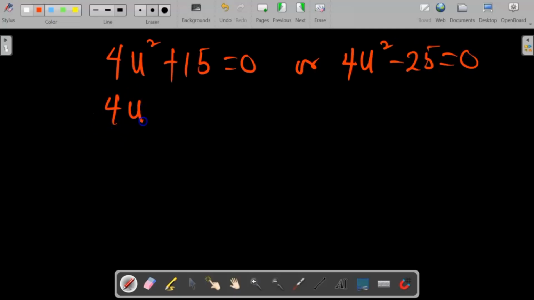So 4u squared is equal to minus 15. u squared is equal to minus 15 over 4.